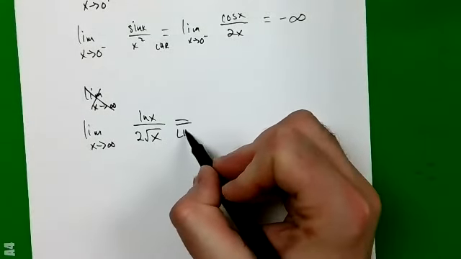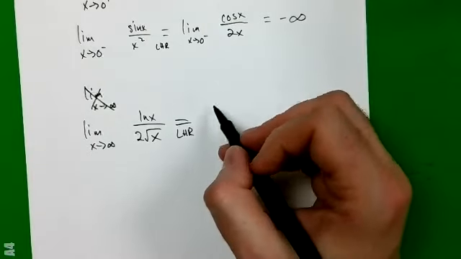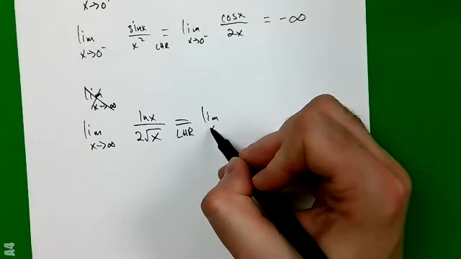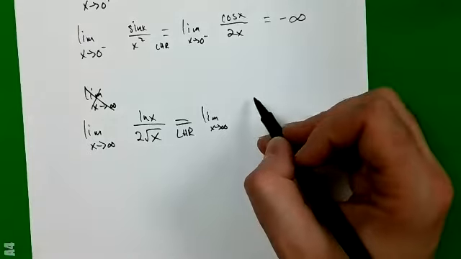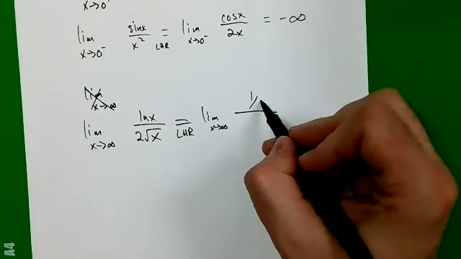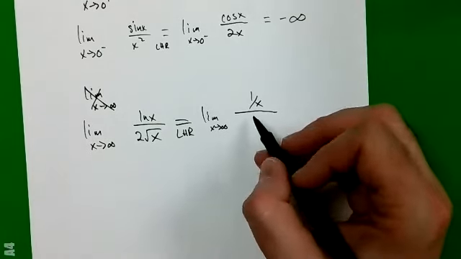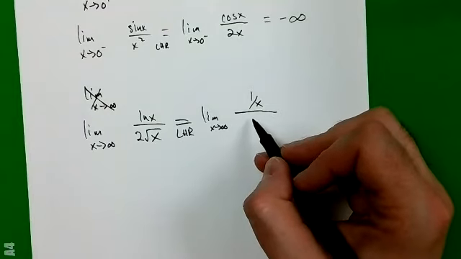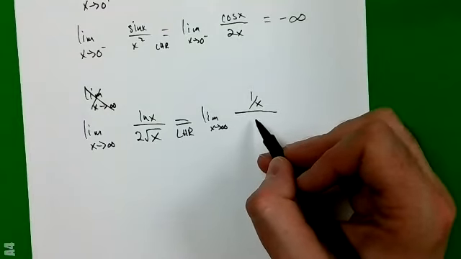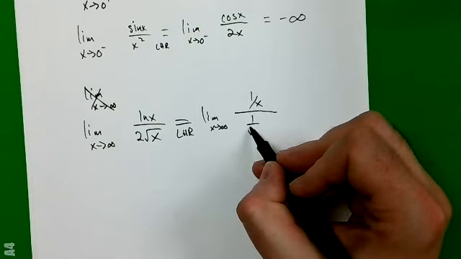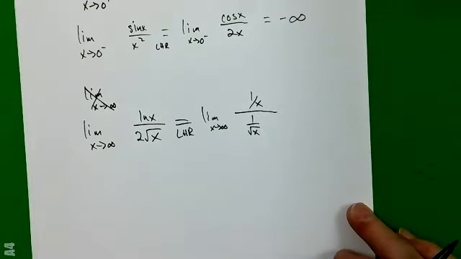So using L'Hopital's rule, we're going to take the limit as x goes to infinity, and then we're going to take the derivative of the numerator, that's 1 over x, and the derivative of the denominator is 1 over 2 root x, but we had a 2 there already, so we get 1 over root x.